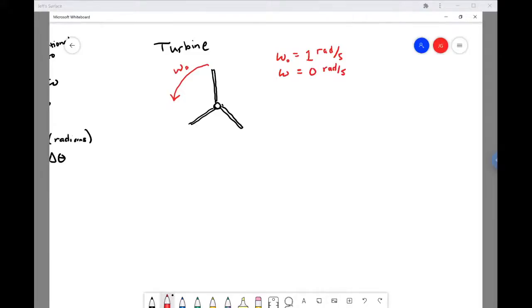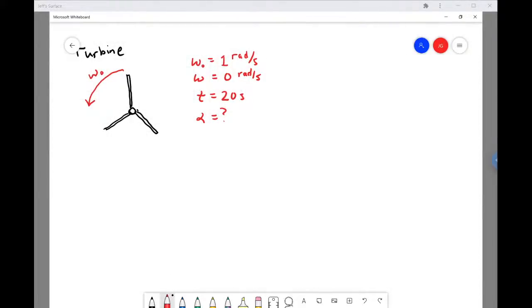That means it's decelerating. It's slowing down its rate of rotation. And if you know how long that took, let's say 20 seconds, then you can figure out the rate of deceleration, which would be alpha.